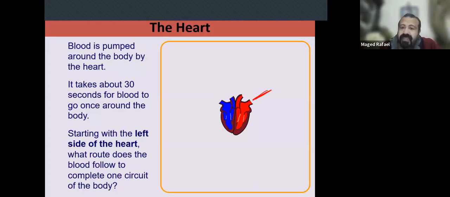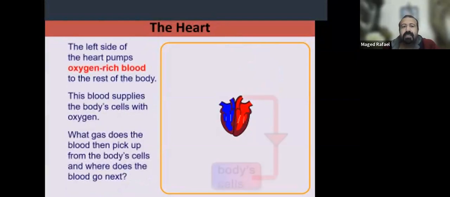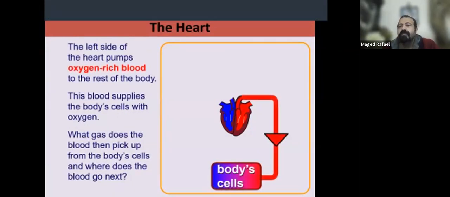When we started from the left side, the pulmonary vein takes the blood from the lungs, if we put the lungs here, enters the left atrium, then the left ventricle, and finally through the aorta.